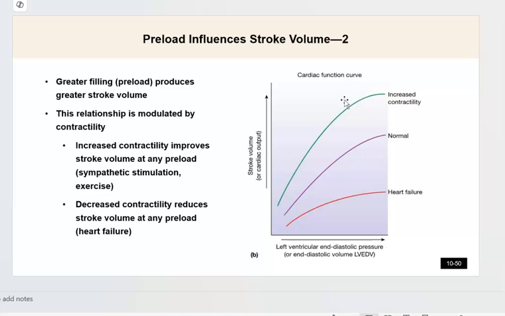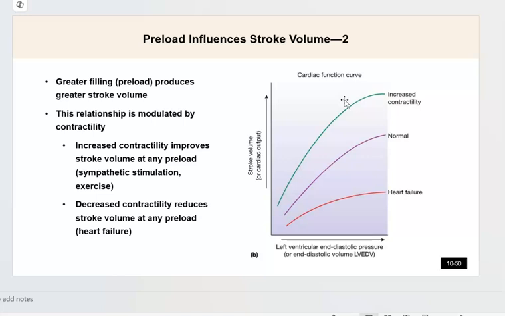What your book also talks about that I wanted to point out is that it says physiologically, increased preload occurs during exercise because muscle activity squeezes the veins, increasing the volume of venous return to the vena cava and to the heart.